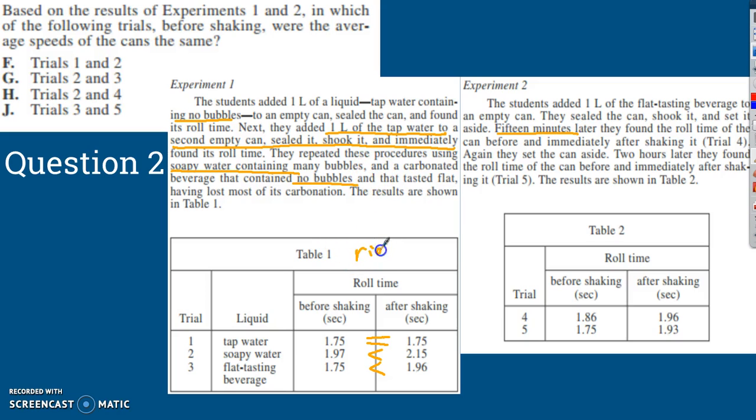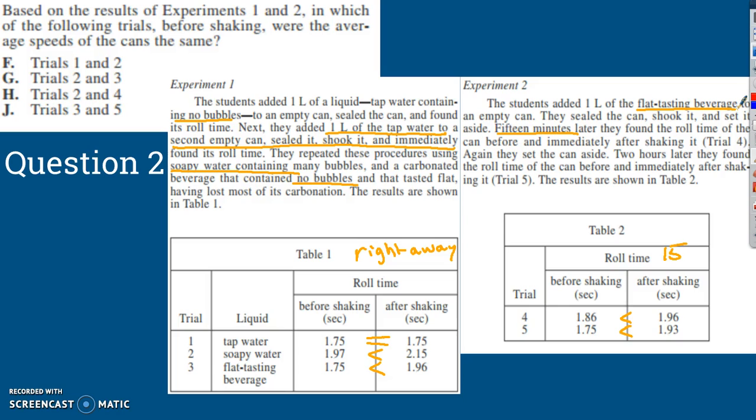So this is still a little bit of an increase, and this one's still a little bit of an increase. It was a flat tasting beverage. So they waited 15 minutes after shaking, and it still was a little bit increased. So that is a very interesting topic.